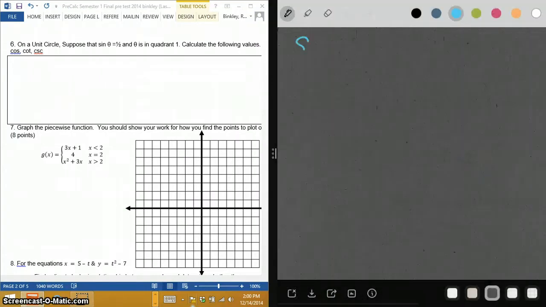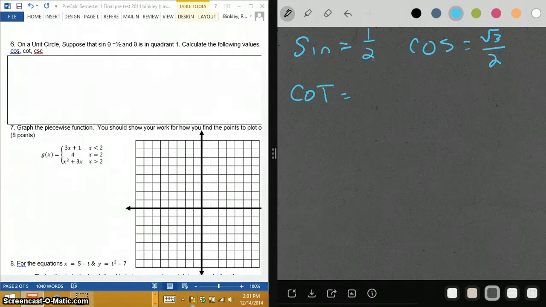We have our sine was 1/2, our cosine was the square root of 3 over 2, and I'm looking for the cotangent, which is, now I just forgot it. My tangent, I have to do it all over again, you guys.